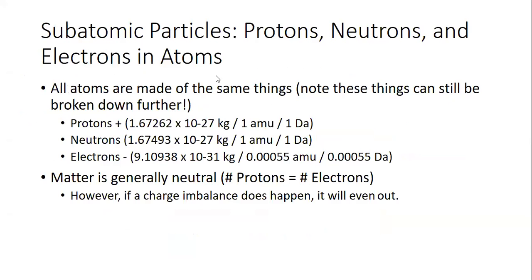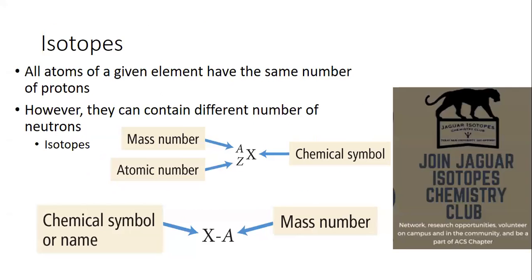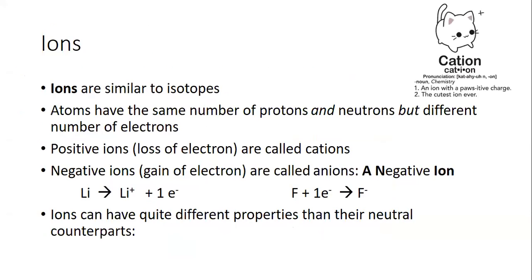We looked at the subatomic particles in atoms, talked about isotopes, which is same number of protons, different number of neutrons.